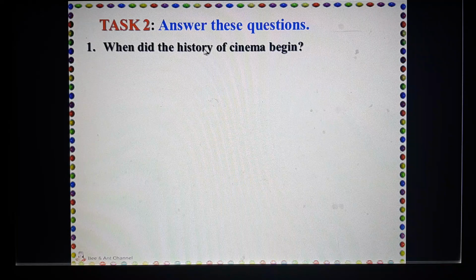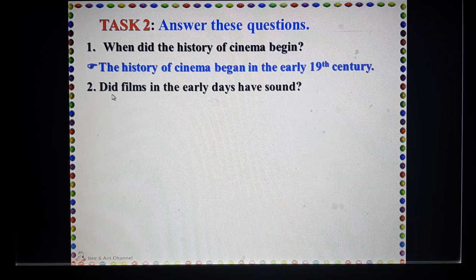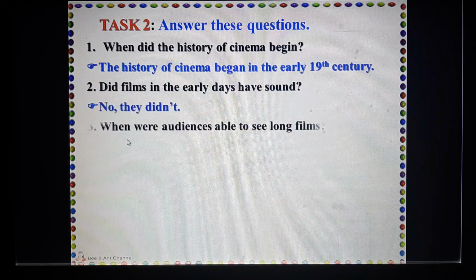When did the history of cinema begin? The history of cinema began in the early 19th century. Question 2. Did film in the early days have sound? No, they didn't. 3. When were audiences able to see long films?